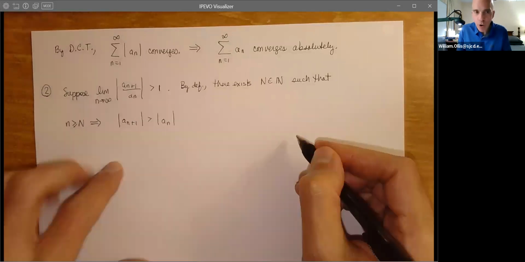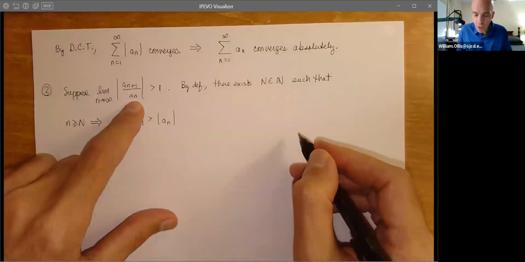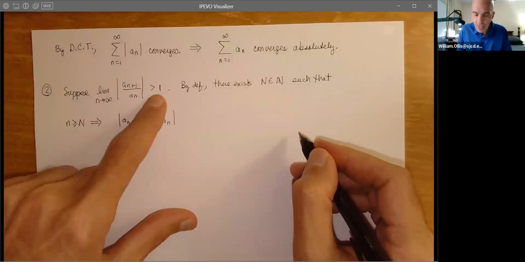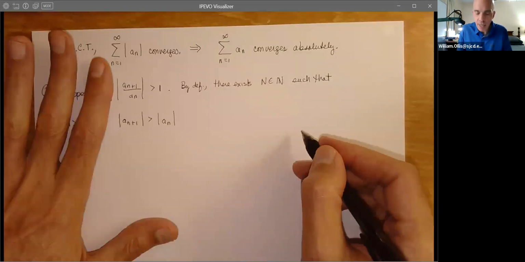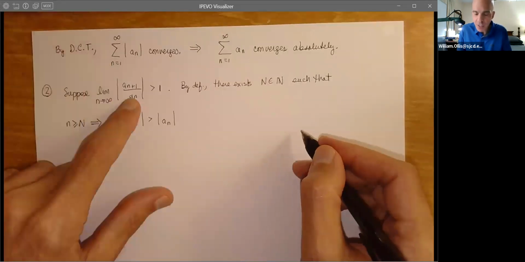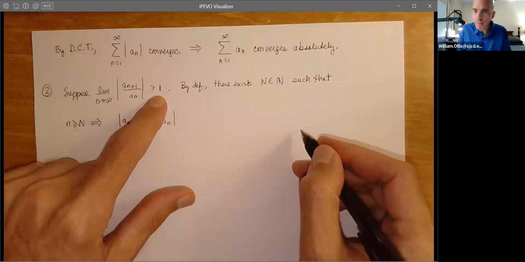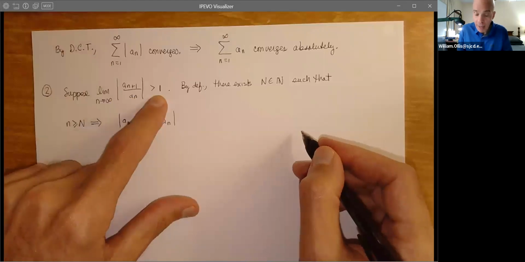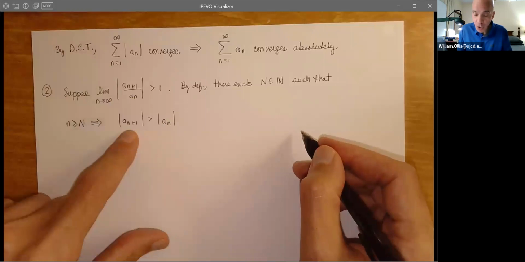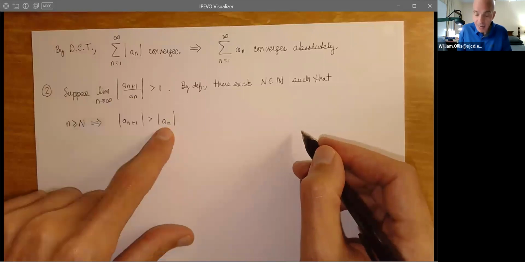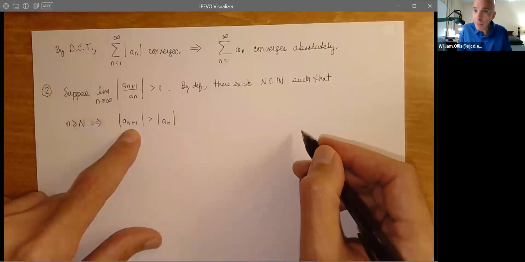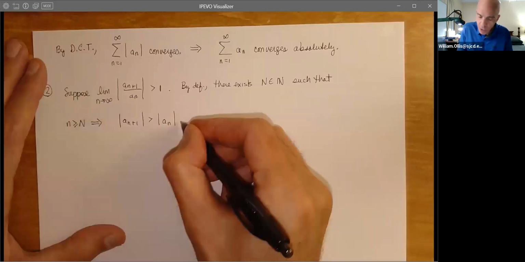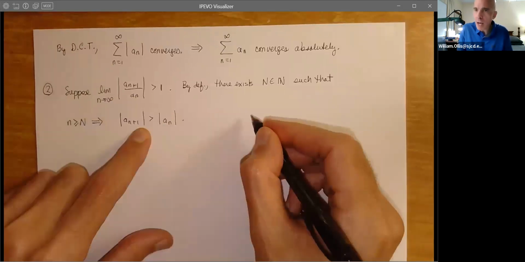So we can get out far enough so that we're assured of this limit. And so then we can just look at this and say, okay, well, that means that this quotient is actually bigger than 1 eventually. And that would mean that the term following this term that is in absolute value is going to be bigger. So now what we see here is we have a monotonic sequence.